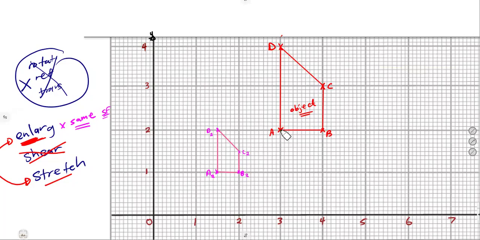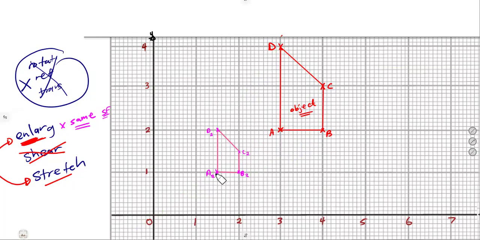From A, as I join to A2, I must extend the line. I'm not just supposed to join from A to A2, from D to D2, from C to C2, from B to B2. No. Whenever I suspect an enlargement, I extend.